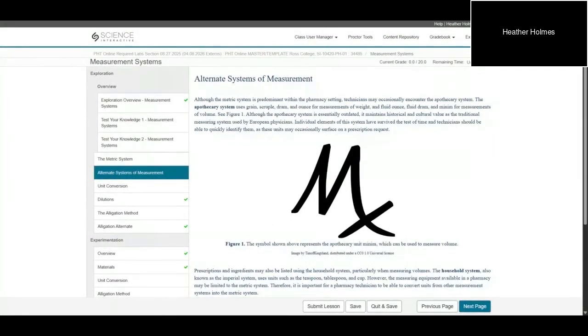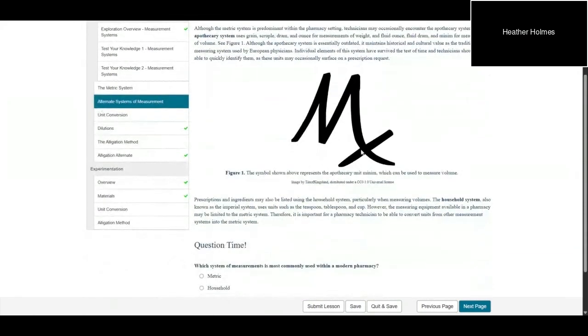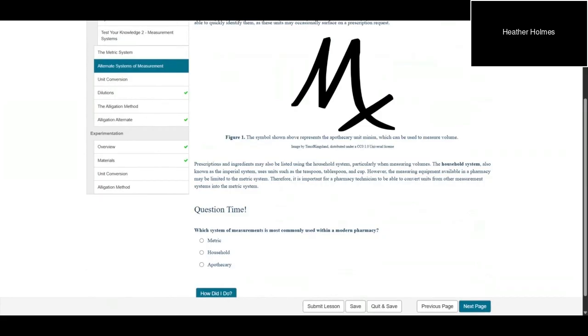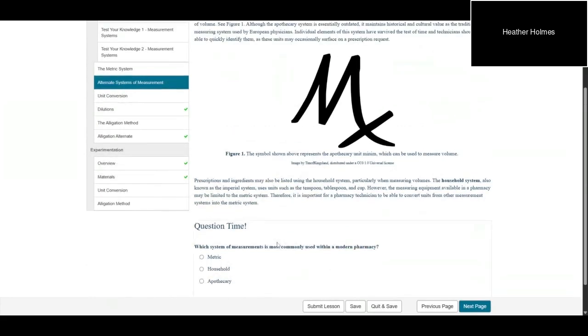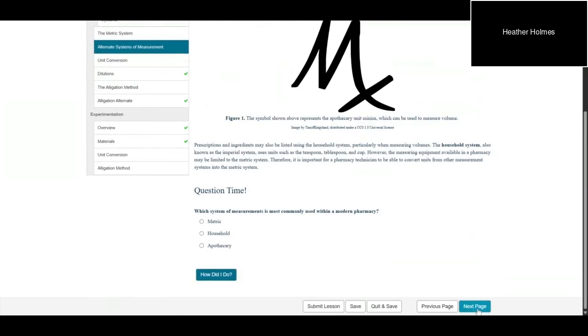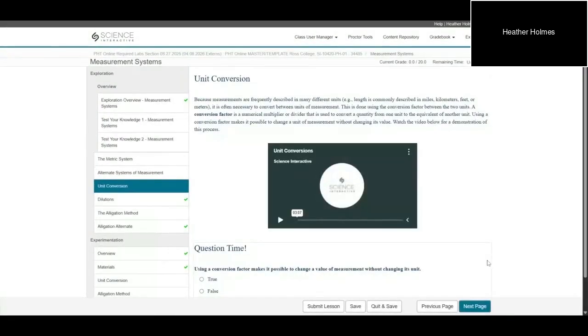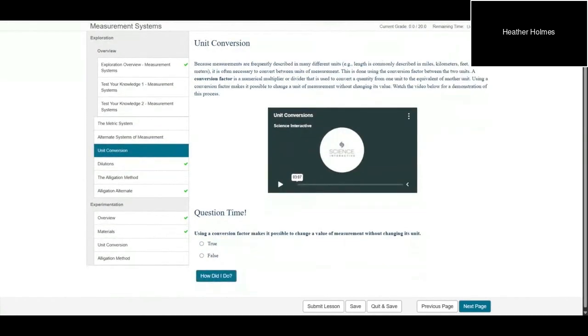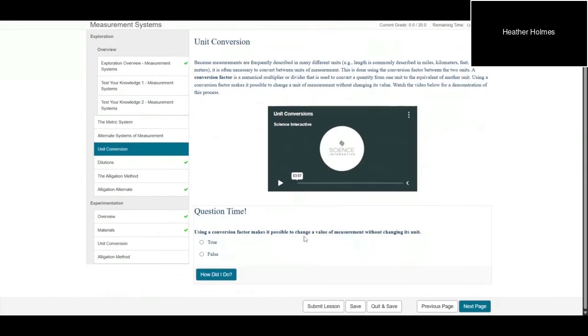The next one talks about the apothecary system, and it goes over what kind of units they would use, and it gives you a little background about the symbols and other tidbits, like your household system measurements. This one also has just 1 question at the bottom. And finally, unit conversion: you will just read over the paragraph. It gives you a video to watch and 1 question.